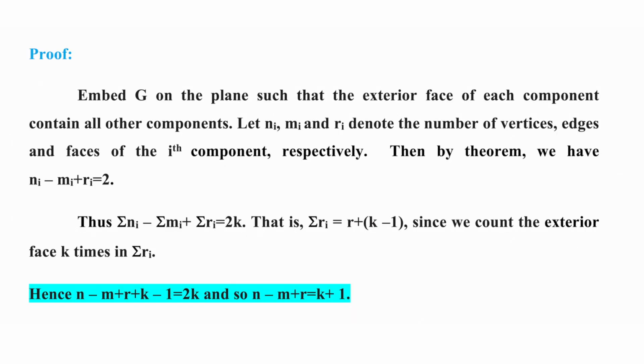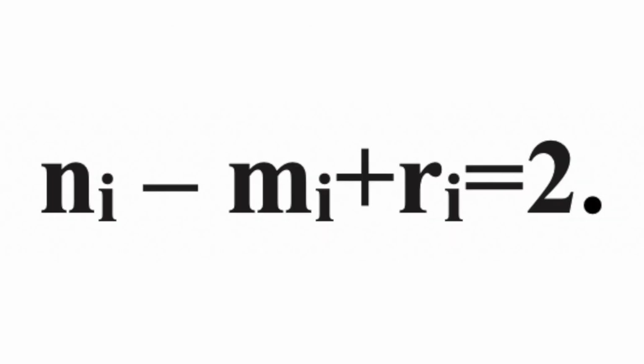The proof of the corollary: embed G on the plane such that the exterior face of which component contains all other components. Let ni, mi and ri denote the number of vertices, edges and faces of the ith component respectively. Then by the theorem we have ni minus mi plus ri is equal to 2.